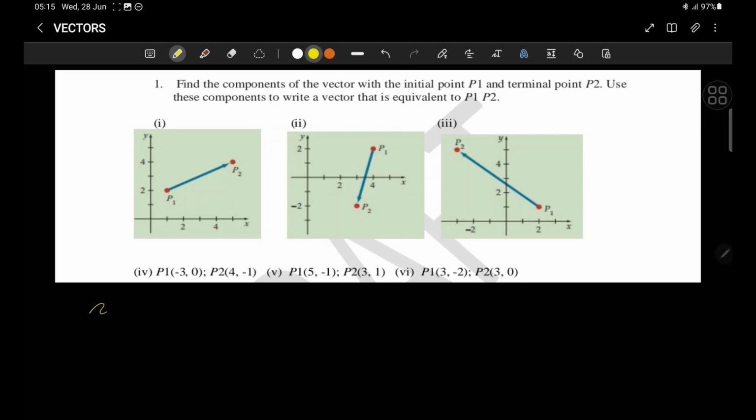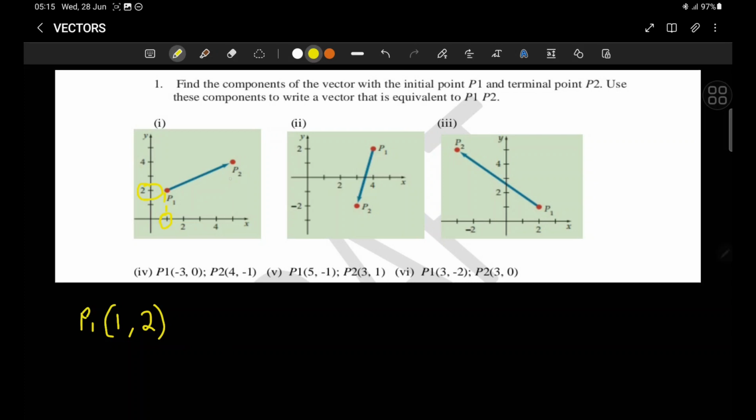So p1: if you notice this diagram, it's at this point, and that's 1. So this is 1 comma, then we have the y coordinate being at 2, so (1, 2). This is the coordinate for p1.